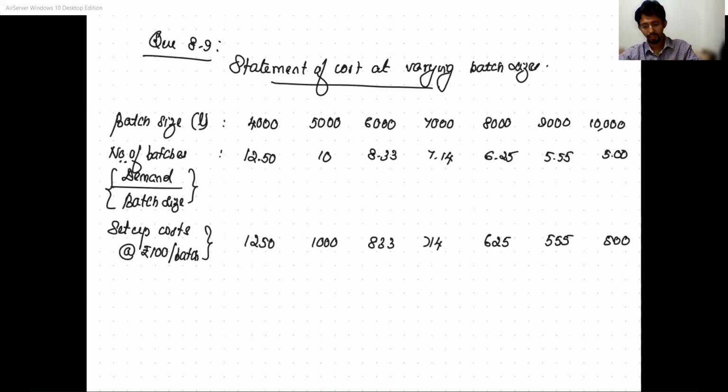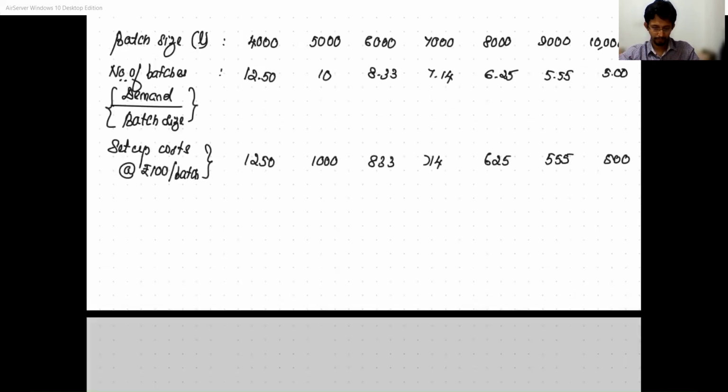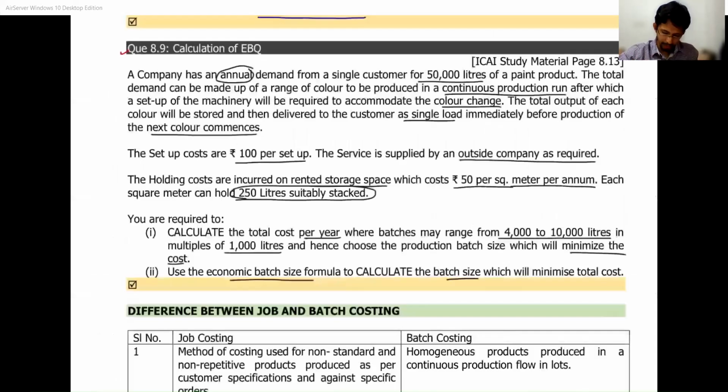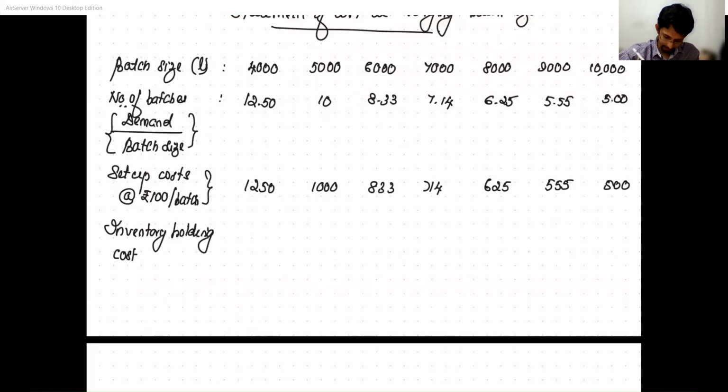Now what next? Next is holding cost. And what do they say about the inventory holding cost? They say that it has to be stacked in a rented premises for which the cost is rupees 50 per square meter, and each square meter can hold 250 liters suitably stacked. Okay, so first we have to know what is the inventory size.